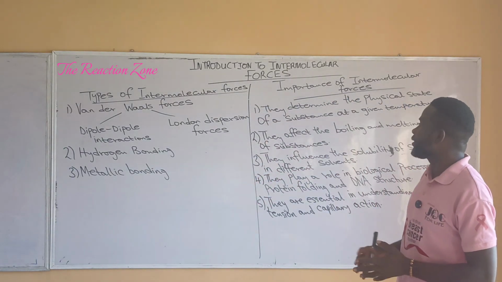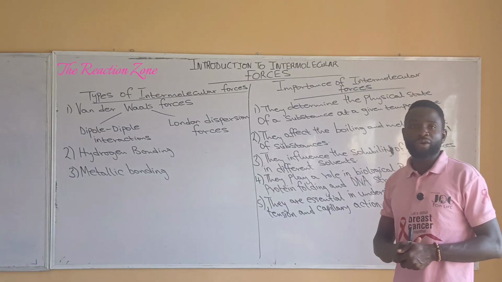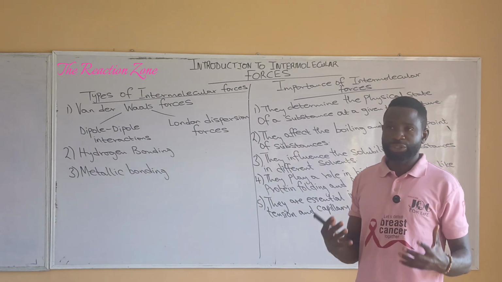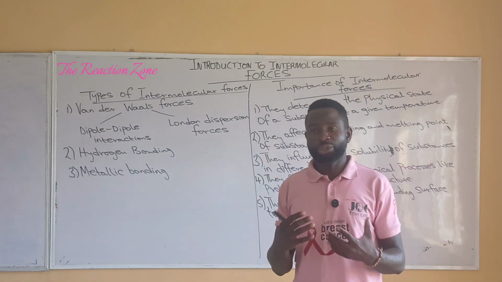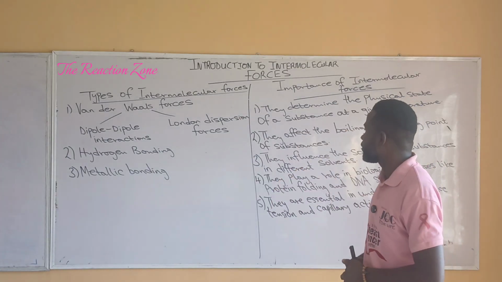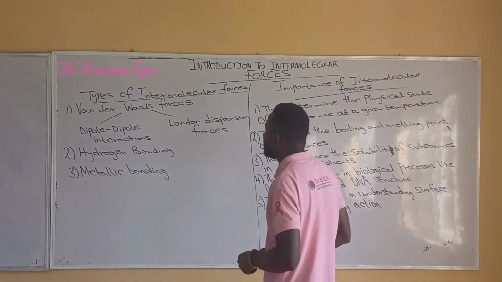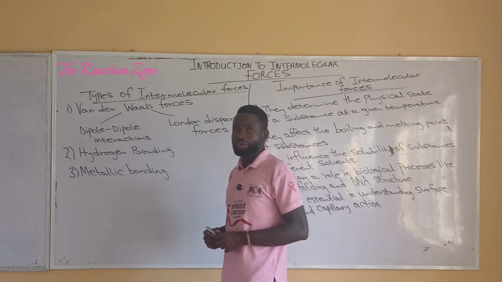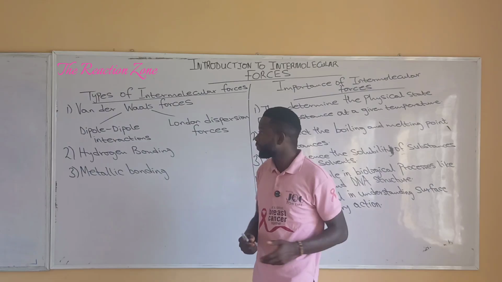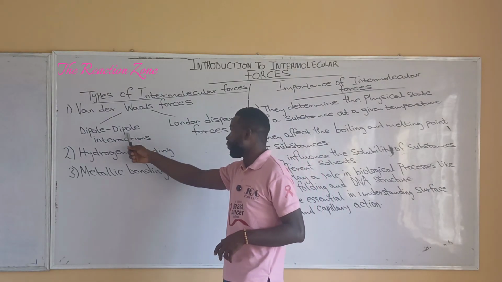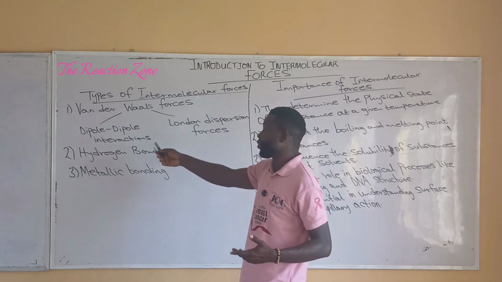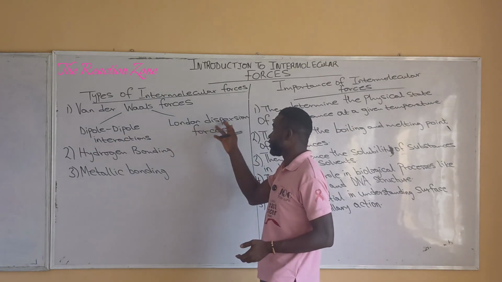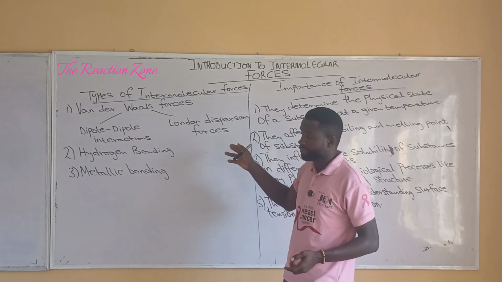There are actually three types of intermolecular forces based on the nature and the strength of attraction. The first is van der Waals forces, which is subdivided into two: dipole-dipole interactions, which is also called dipole-dipole attractions, and London dispersion forces.